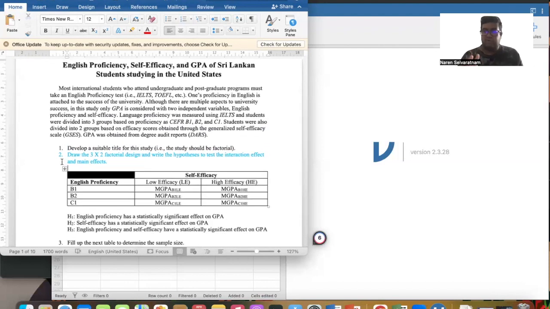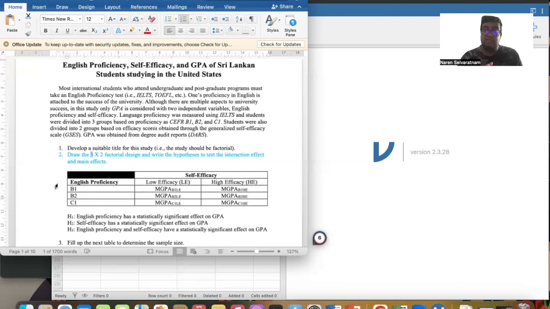When you want to do a factorial arrangement, you need to first realize each independent variable has a number of groups. Here in this case, for English proficiency based on IELTS score, we have divided students into three groups: B1, B2, and C1. So that independent variable has three levels.